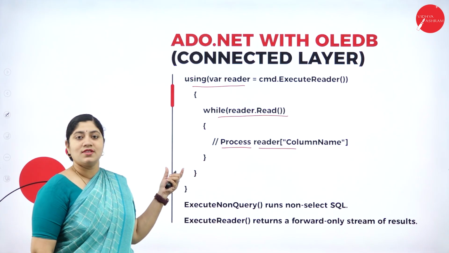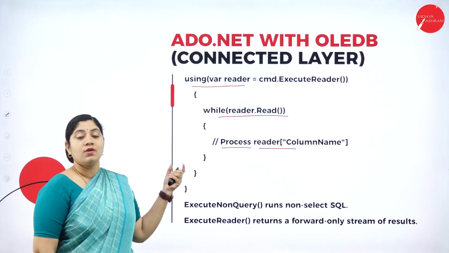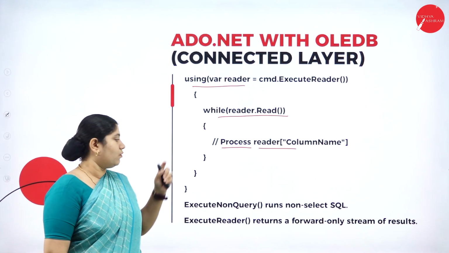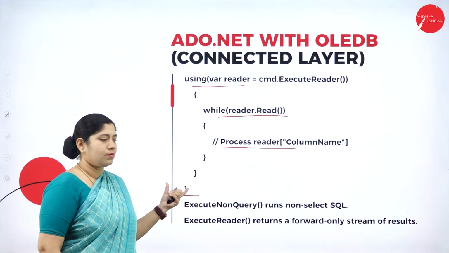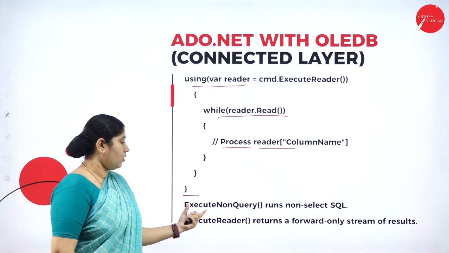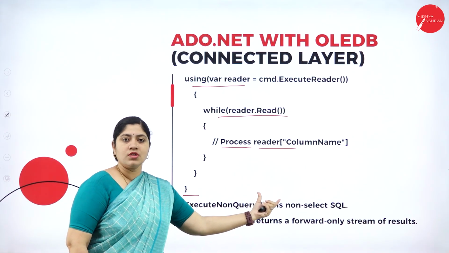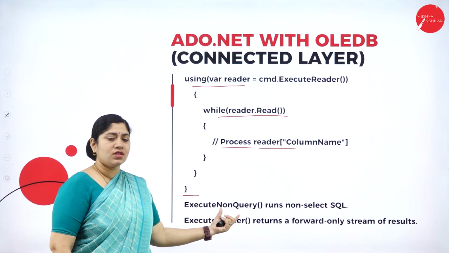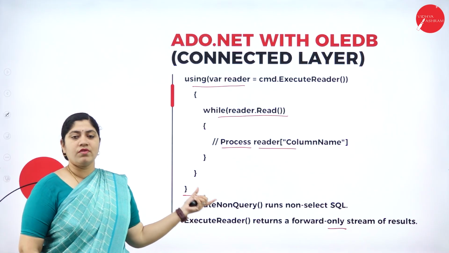And as it has to run for a long time, we can only go with the connection or the connected architecture. Fine. So yes, we are done. We have closed the loops. Then, ExecuteNonQuery runs on non-select SQL, and ExecuteReader returns a forward-only stream of results.